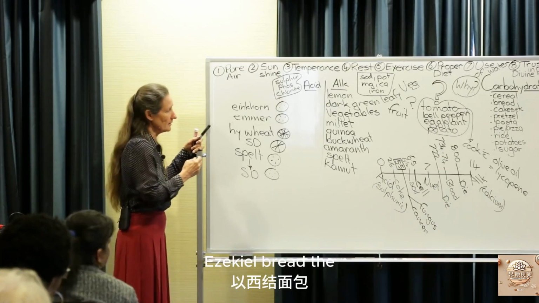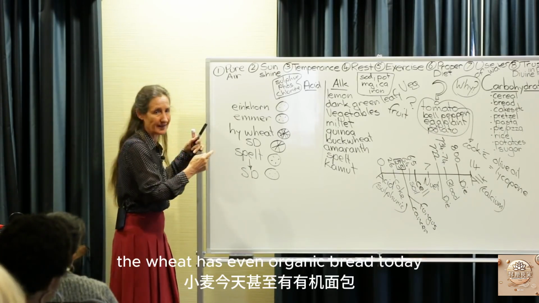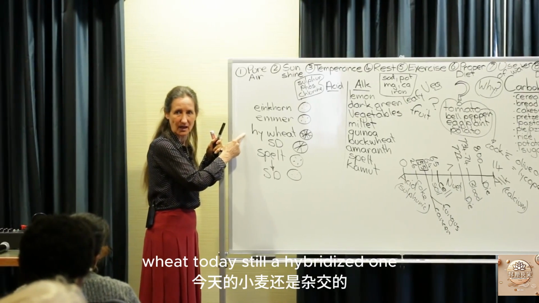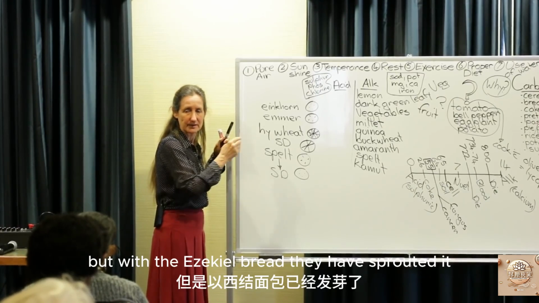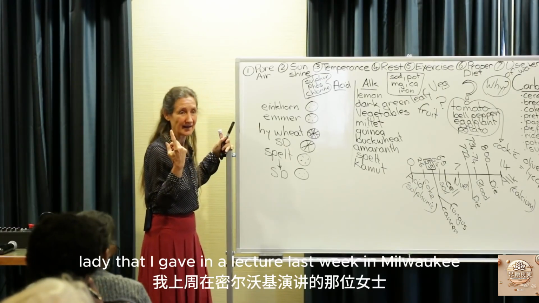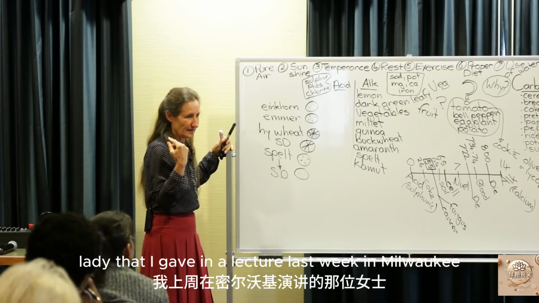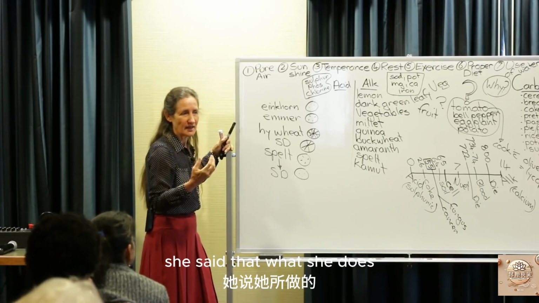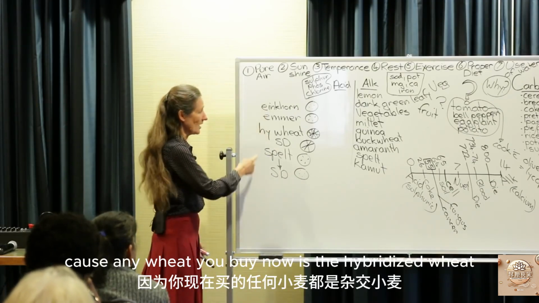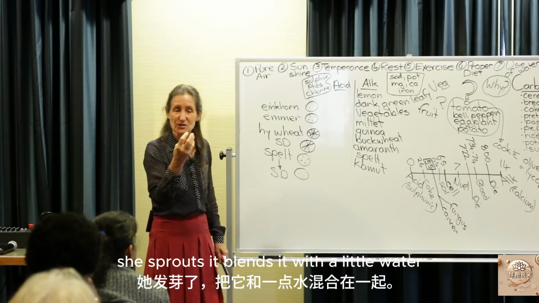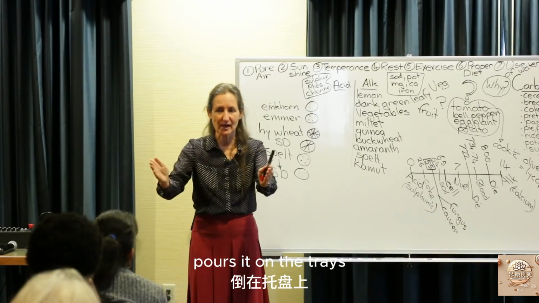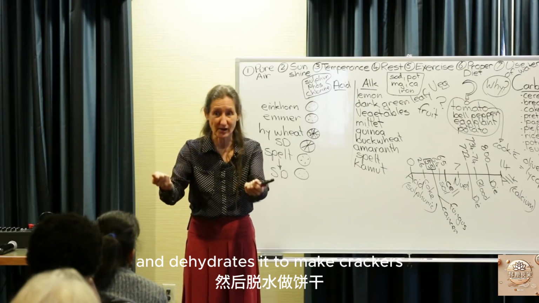Ezekiel bread, the wheat, even organic wheat today, is still the hybridized one. But with the Ezekiel bread, they have sprouted it. A lady at a lecture I gave last week in Milwaukee said that because any wheat you buy now is the hybridized wheat, she sprouts it, blends it with a little water, pours it onto trays and dehydrates it to make crackers.